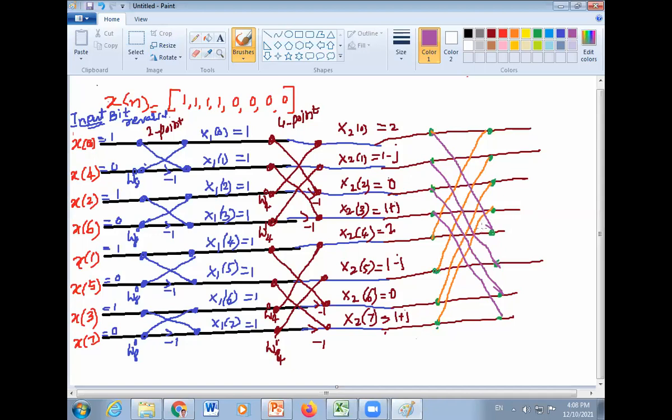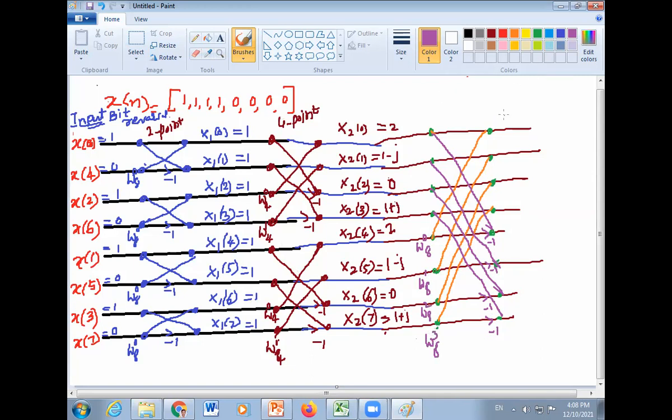Here the multiplier will be: this is -1, this is -1, this is -1, and this is -1, and here the multipliers are omega 8 to the power 0, omega 8 to the power 1, omega 8 to the power 2, and omega 8 to the power 3.